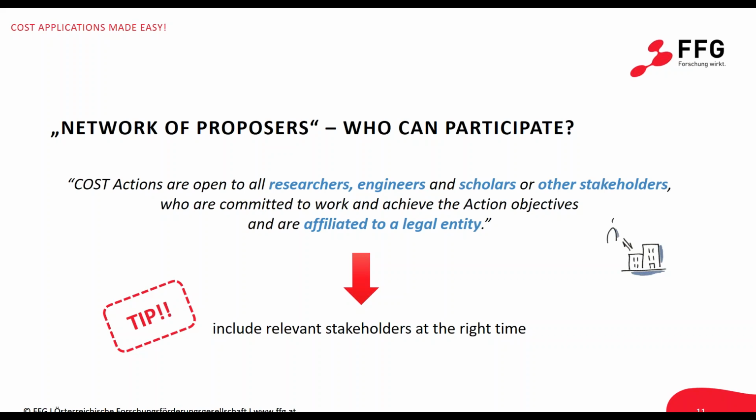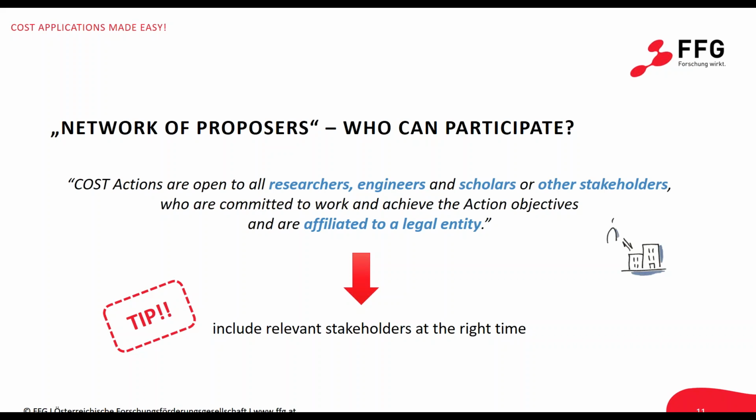And here our tip is to already think in the proposal stage when you want to include the particular relevant stakeholders. So the idea here, referring to what I said before, is that COST actions are open networks, so you can actually also include participants when the COST action is already running.